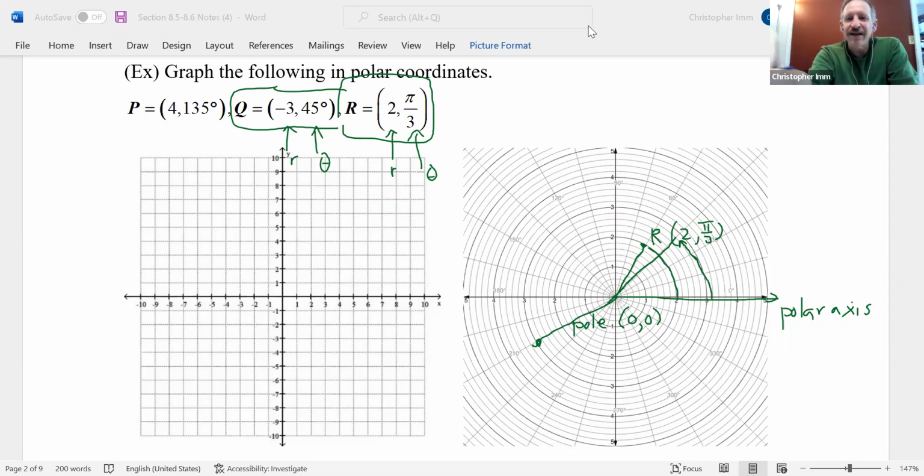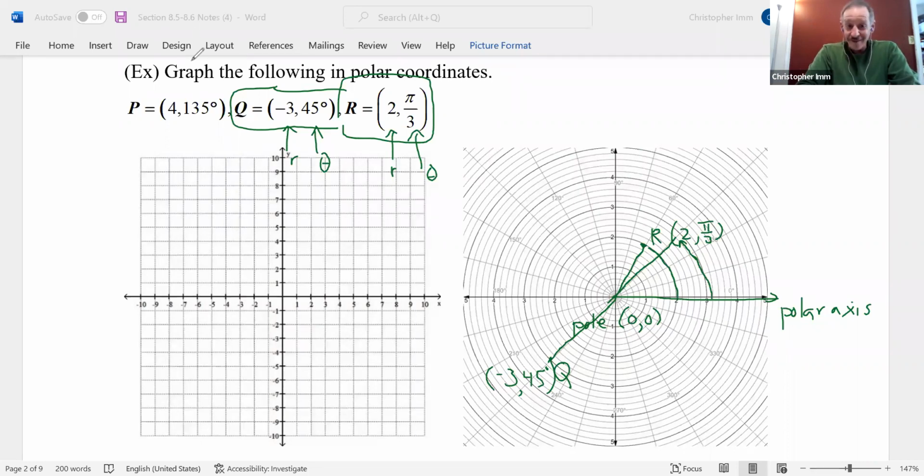Actually, no. I was looking at the other one, sorry. We would flip through that and would be going down the 45-degree line. Let me try again. 1, 2, 3. There we go. All right, so that would be our point Q. So our radius or distance away from the pole is 3, but it's in the opposite direction. So we flip or reflect across that pole, and it's going to be a 45-degree revolution there.